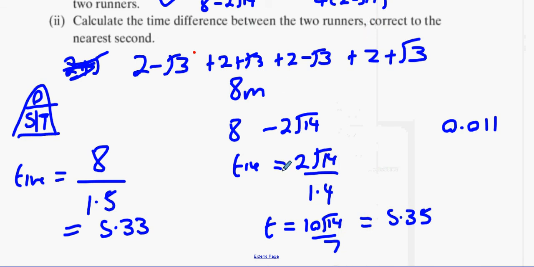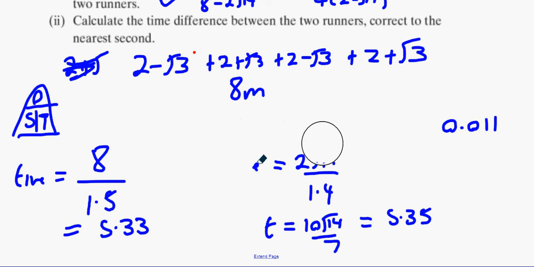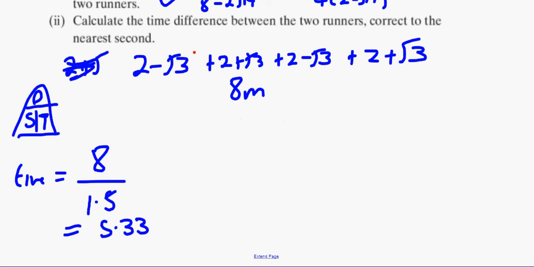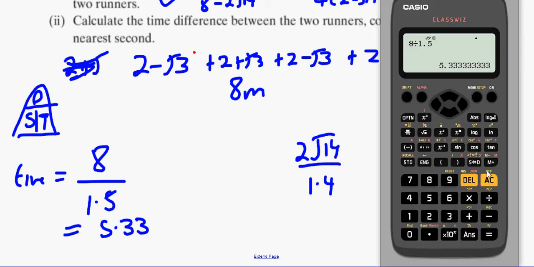Now, the other one is 2 root 14, and you run that at 1.4, and 2 root 14 divided by 1.4 is 5.34 seconds. It's actually right. I think the back of the book must be wrong.